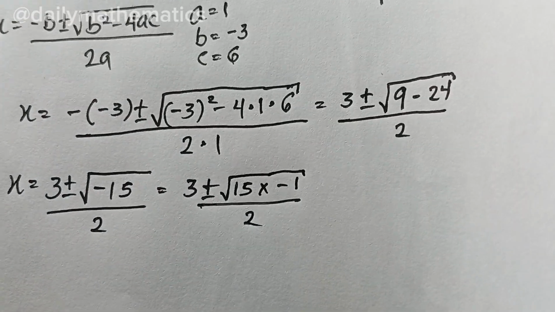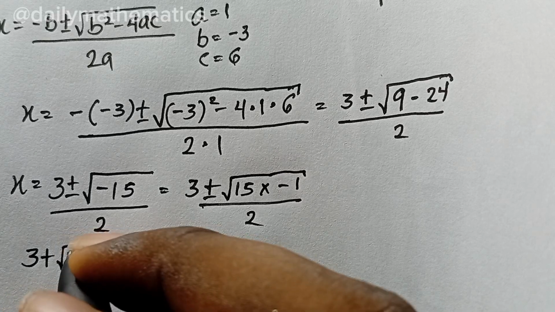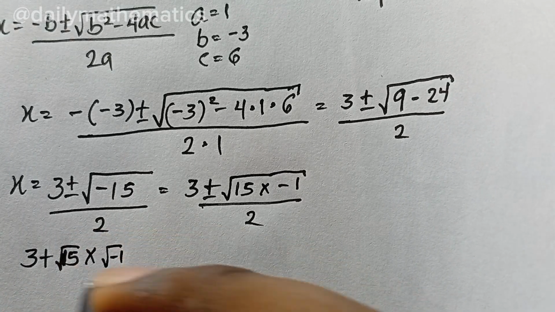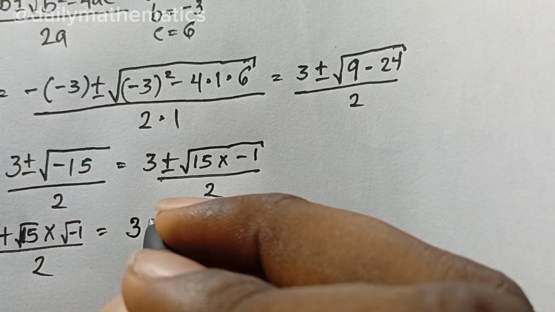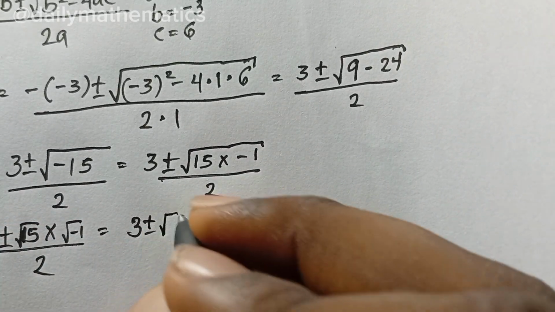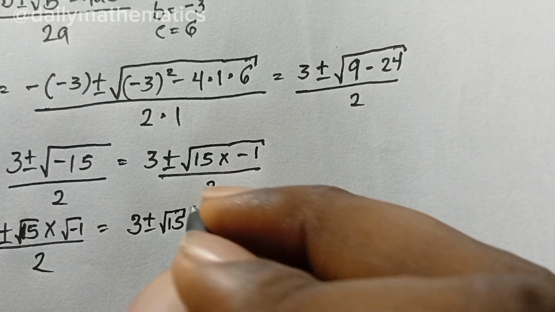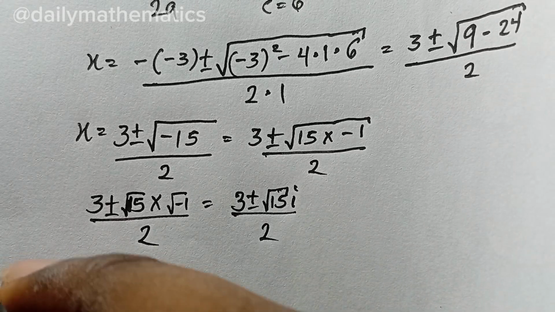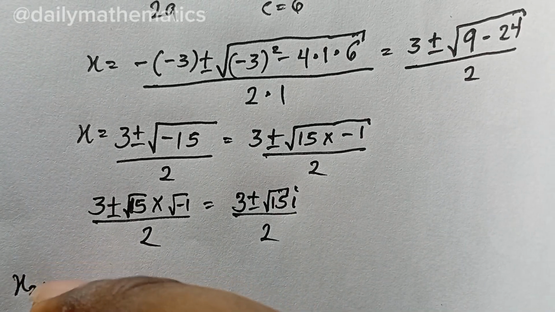And so from here, the square root of minus 15 can become 3 plus or minus square root of 15 times minus 1, over 2. And so from here we'll see that 3 plus or minus root 15 times root minus 1, over 2, and the value of root minus 1 gives us i. So from here we have two values, x2 and x3.